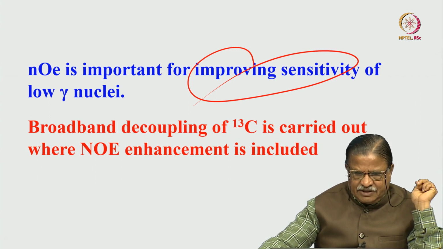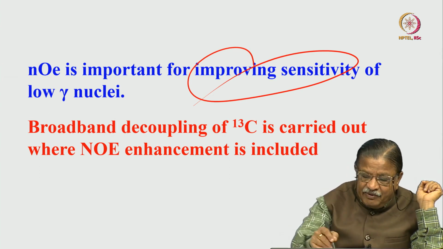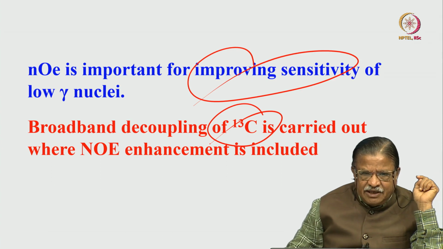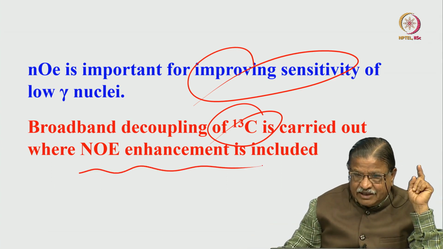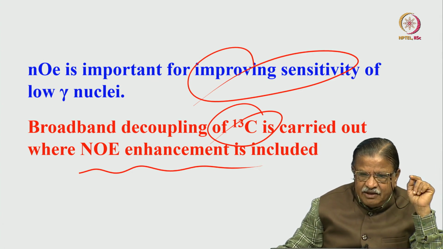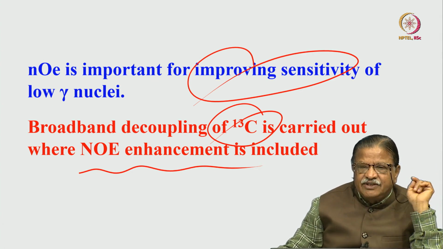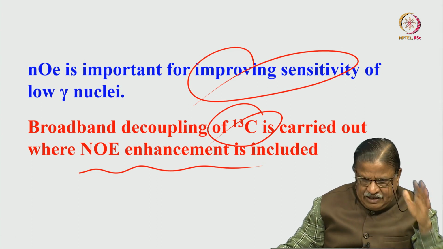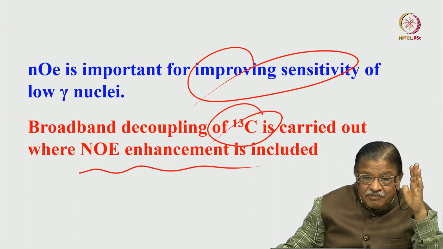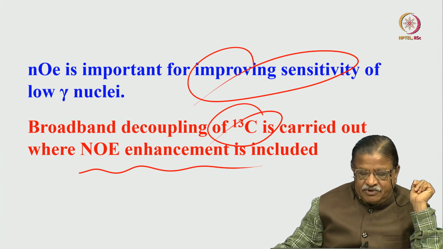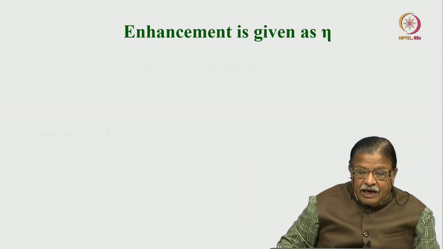All those factors were discussed. In the broadband decoupling, when we look at carbon 13, there is an enhancement, NOE. That is what I told you at that time. I said I would discuss it later. This is the reason. When you decouple proton and observe carbon 13, there is an enhancement in the intensity by nearly 2 times. That is 200%. And you can see that here.